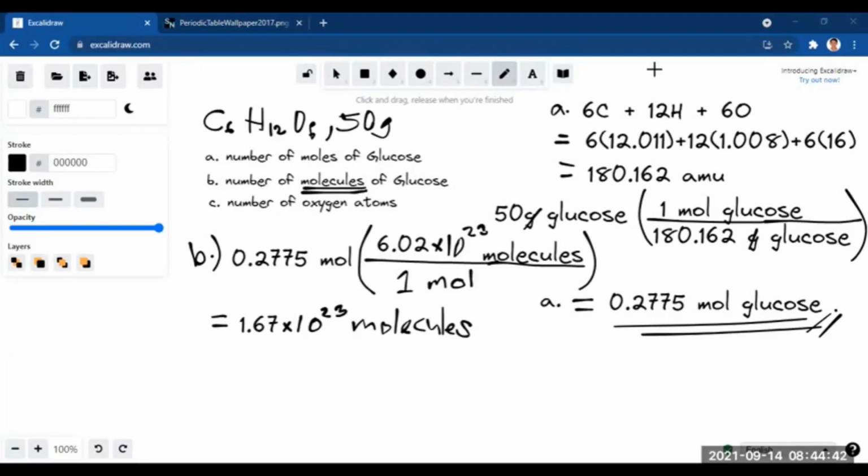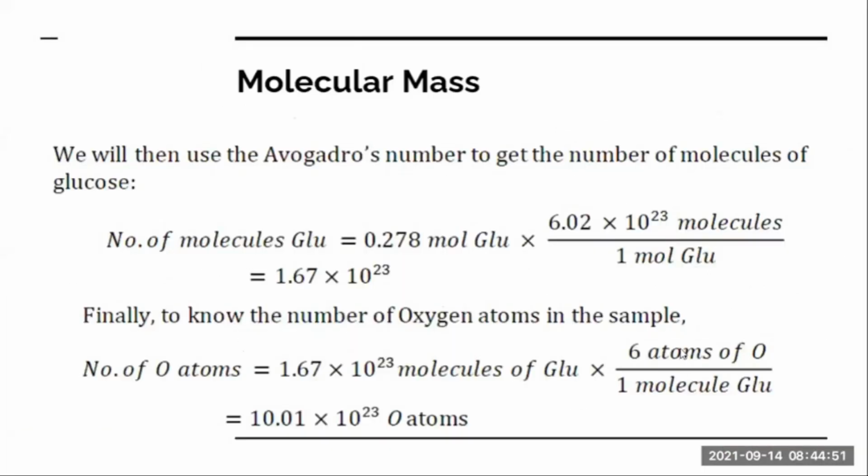Let's go back to the presentation. Okay, so we have 1.67 times 10 raised to 23 number of molecules.